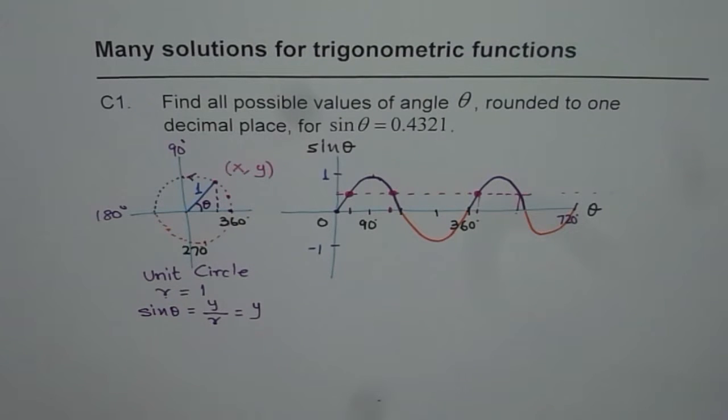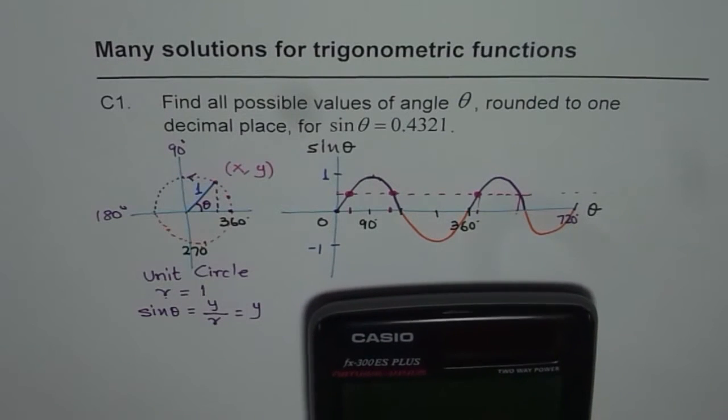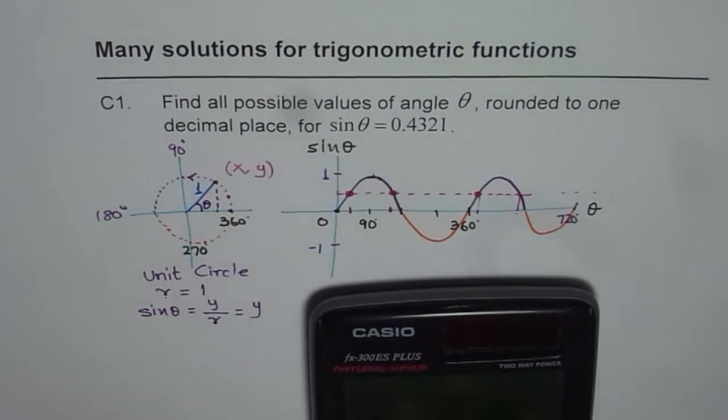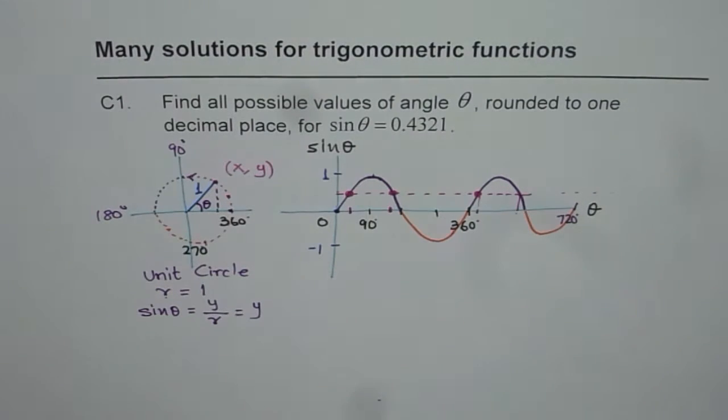Now let us use a calculator to find the solution of this equation, which is sine theta equals 0.4321. To find the value of theta, we'll find sine inverse. So shift sine gives us sine inverse. 0.4321 equals gives a value of 25.60.